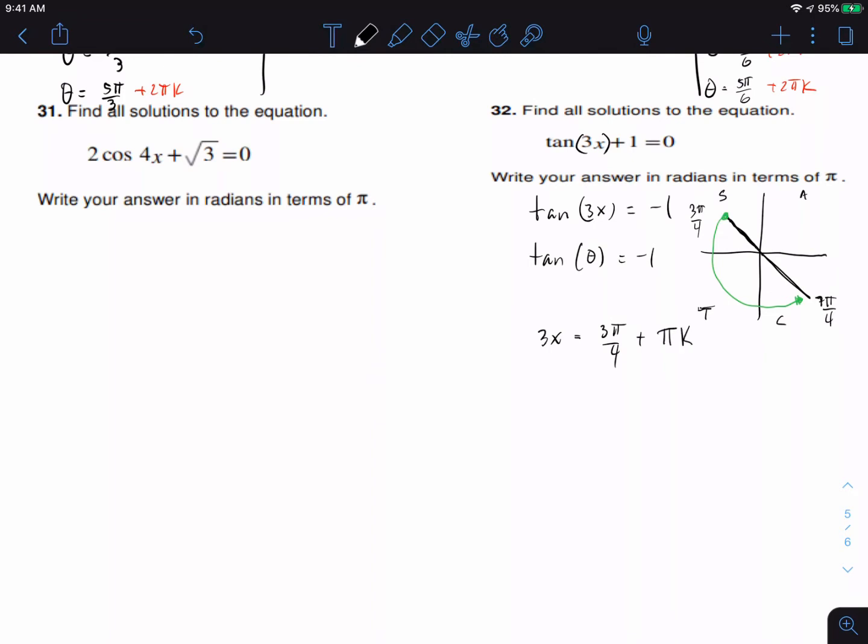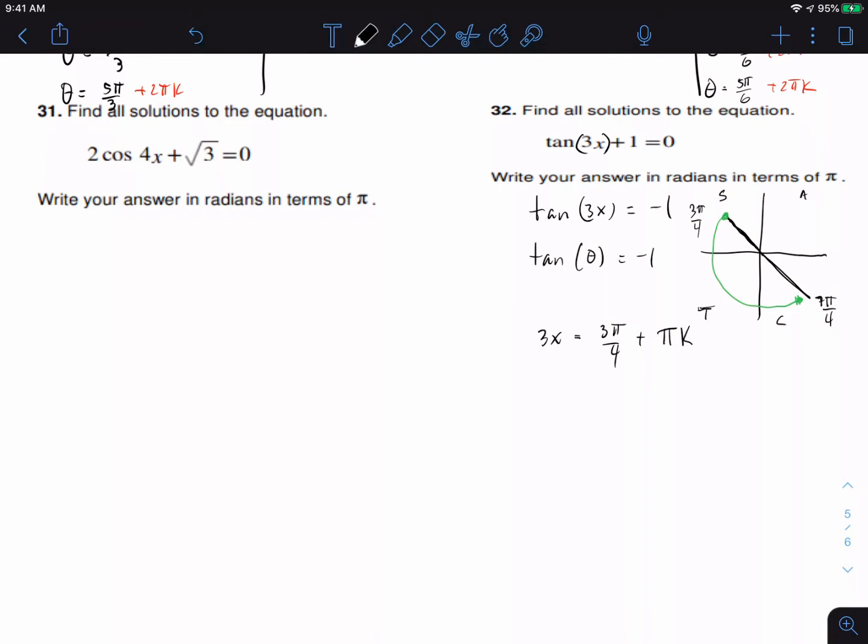Because in this problem we need to do the pi k because we do not have a restriction on our domain. Sorry, I couldn't think for a second. Now we don't want 3x.